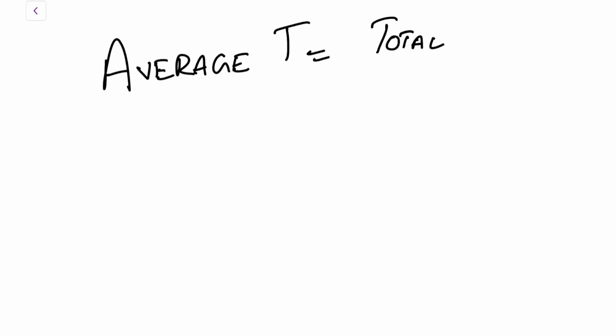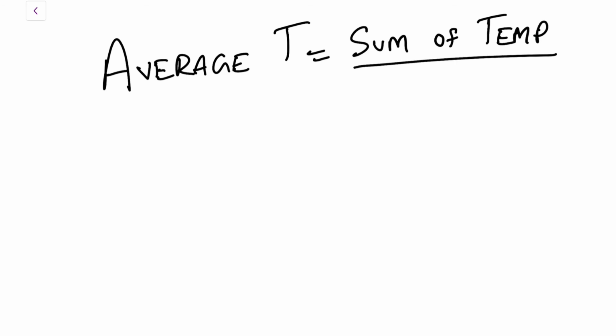So again, simple. Average temperature will be the sum of temperatures that week divided by the total number of days. Correct?